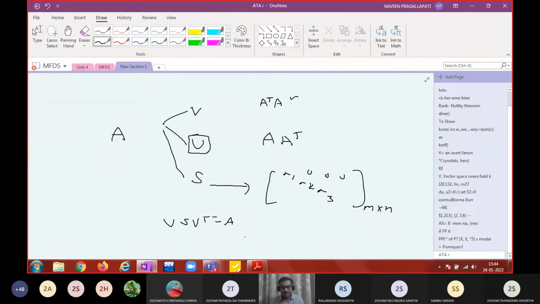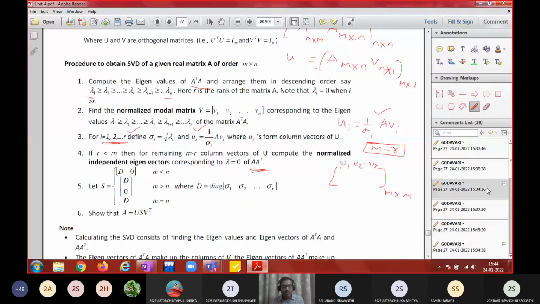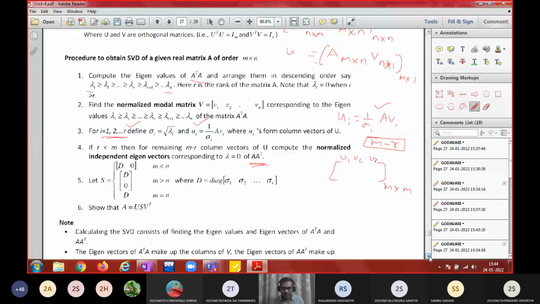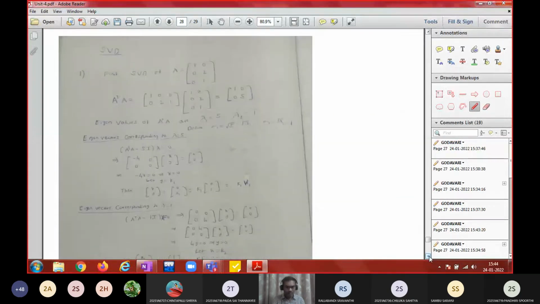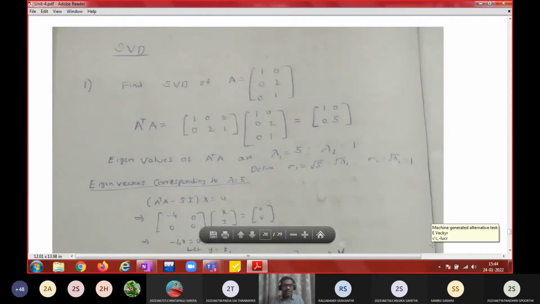I'll show you. Is this visible clearly? Are you able to see this? I did it manually and took a scanned copy. There is no single procedure available in the literature.